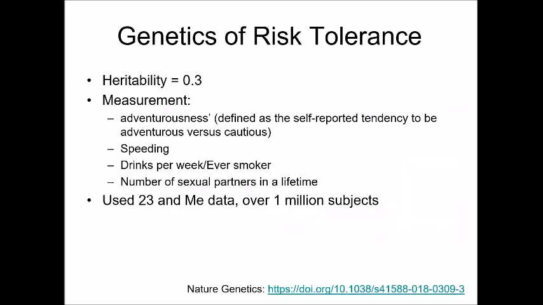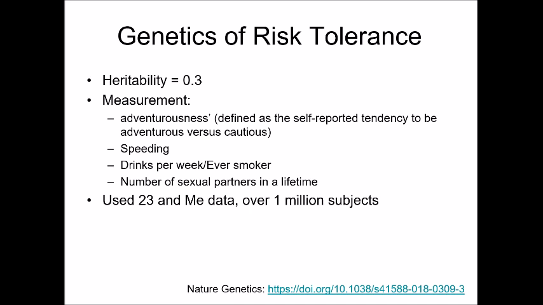Now, here's some examples of how we've used these SNP studies in things beyond psychiatric disorder per se. So there's a trait called risk tolerance. You know, how risk-taking are you? And not surprisingly, people who are risky will drink more, have more sexual partners, are more likely to have had speeding tickets, etc. So in this study, they looked at the 23andMe data with over 1 million subjects.